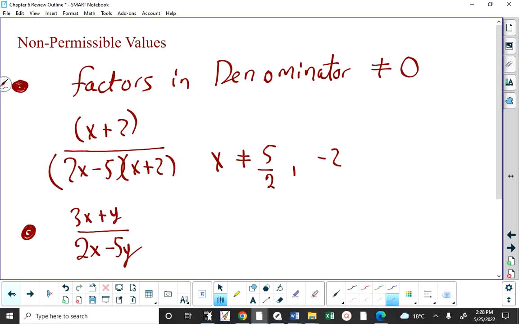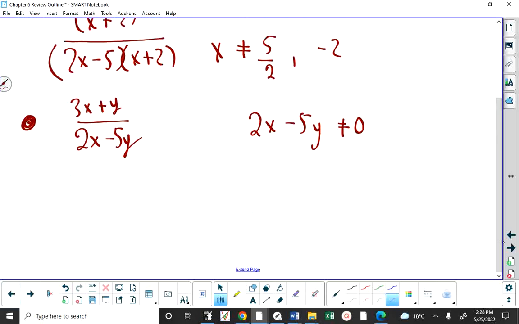Yep. The non-permissible values can be found by putting 2x minus 5y not equal to 0 and solving this. So that would mean 2x is not equal to 5y, and that means x is not equal to 5/2 y. Okay?